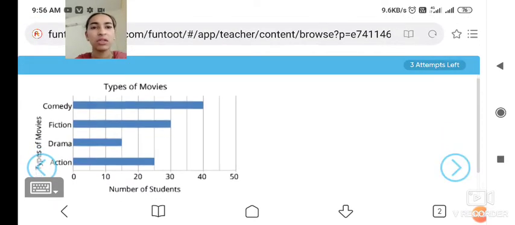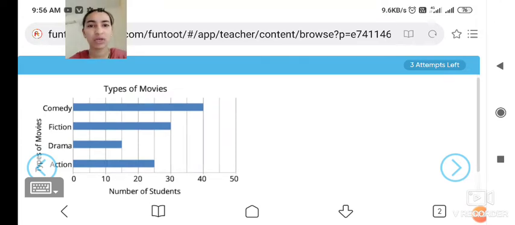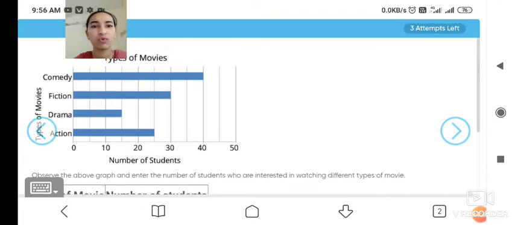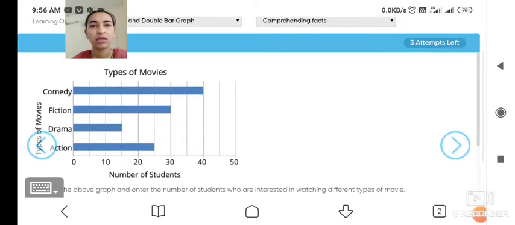Now here the types of movies are given. Which movies are there? Comedy, then fiction, then drama, and then action. And here the number of students is given: 0, 10, 20, 30, 40 and 50. And see, here it is not given in 100s.